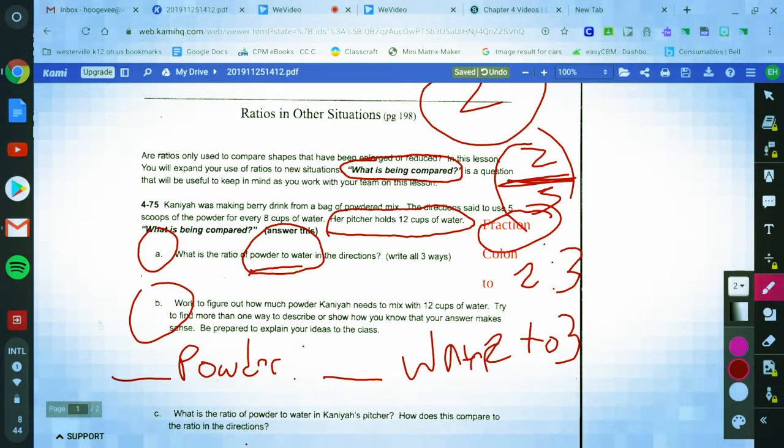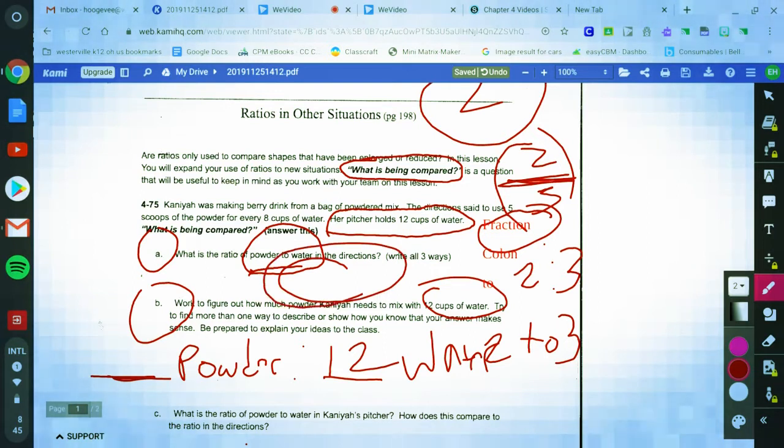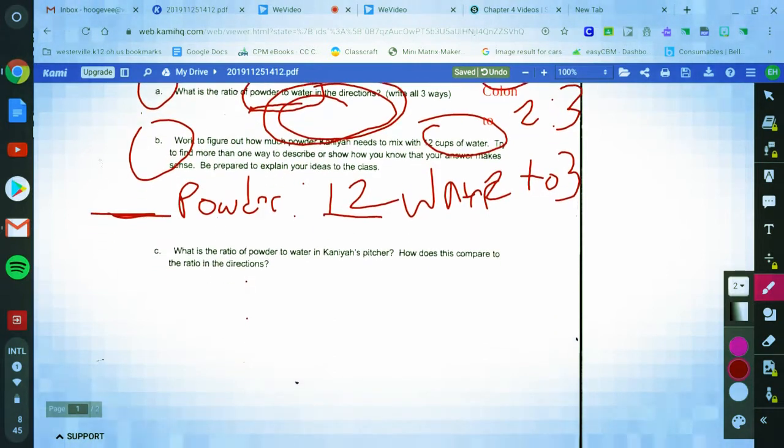Now B, you're going to work to find out she needs 12 cups of water with her pitcher. You need to find how much powder she's going to need. So leaving this the way it has, you know that she has 12 cups of water. How much powder is she going to need? So using your ratio from up top here, hopefully you can multiply or divide to find what ratio is being compared.